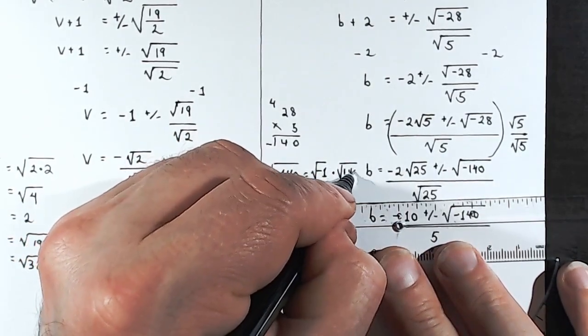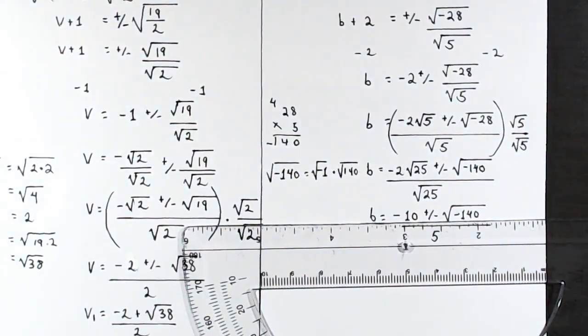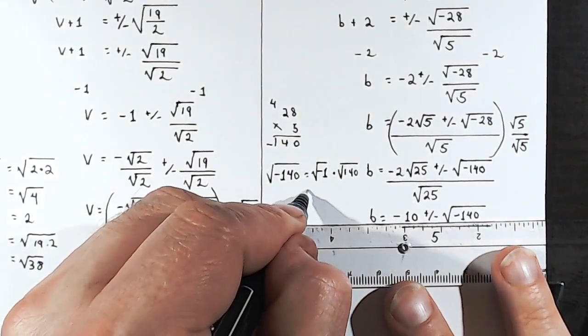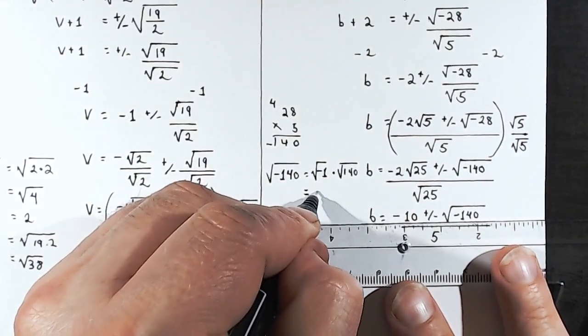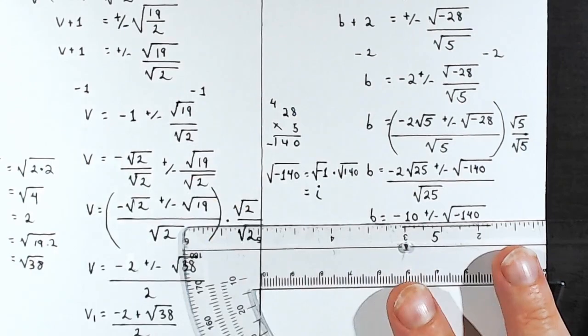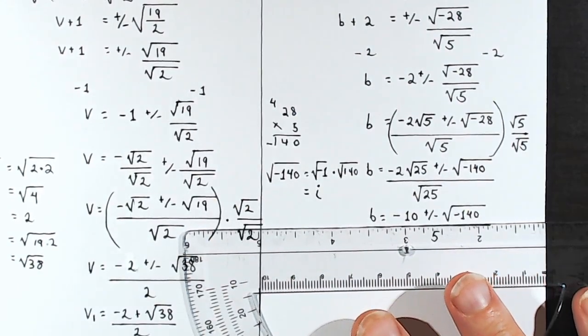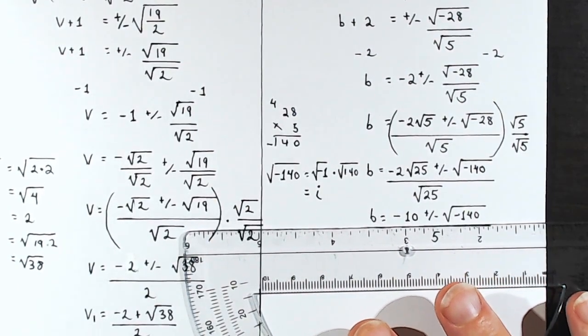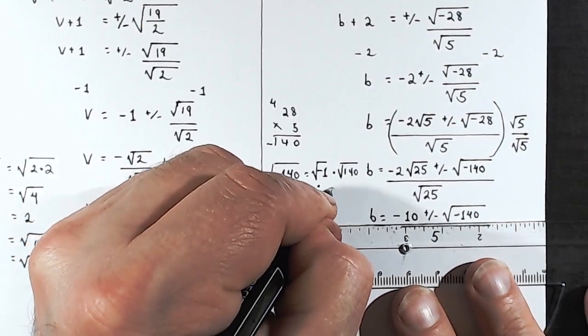So you can always separate that negative 1 out. Now when you take the square root of negative 1, you're left with the imaginary number i. Okay? So what we have is i times square root of 140.